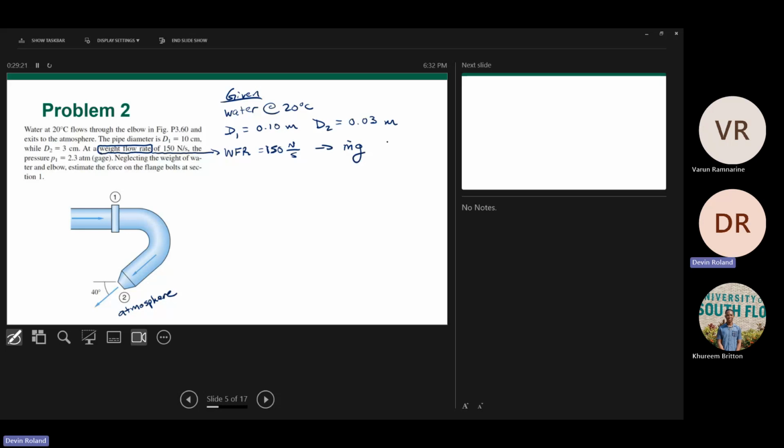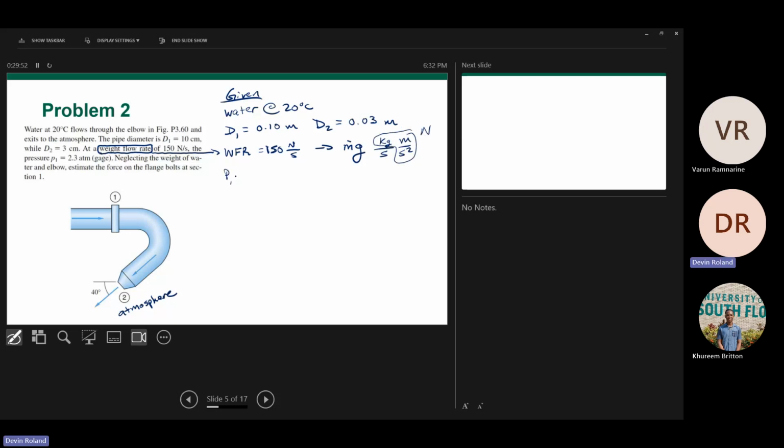So if you looked at units, you would get kilogram per second times meter per second squared. And this is a Newton, so you get Newtons per second. I'm going to abbreviate as WFR, but I didn't know if there's some symbol he showed you in class for that.